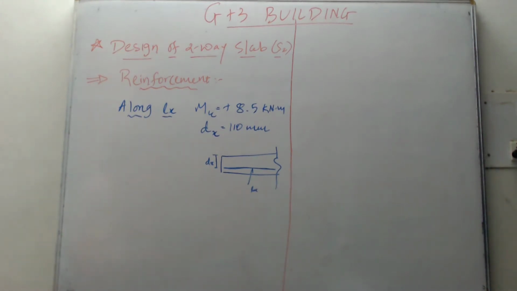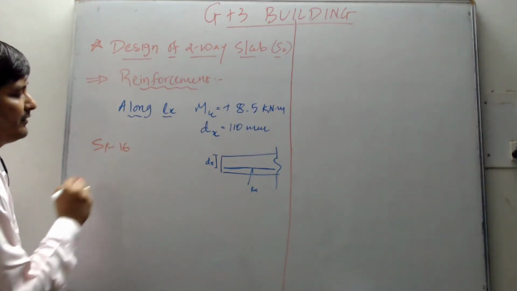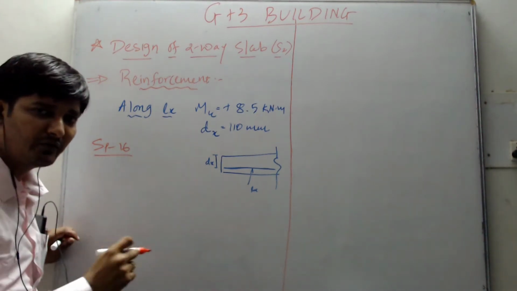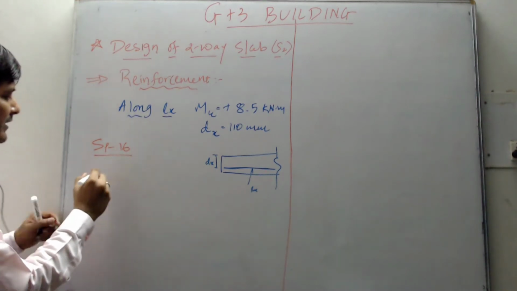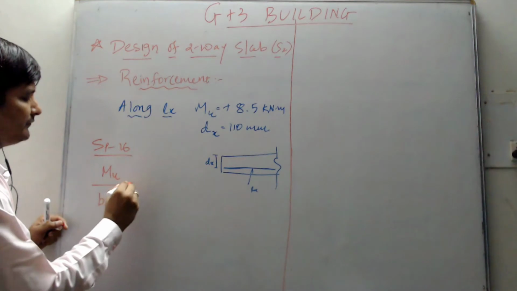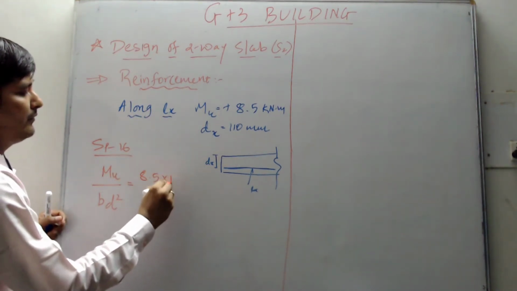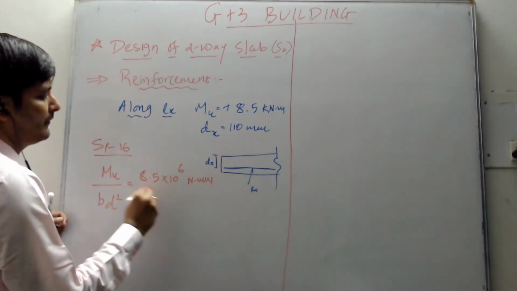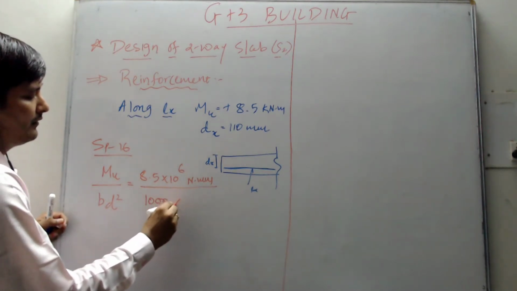And now we are going to use the SP16 method. This I have also explained in my previous videos, so please refer to the previous videos to understand how to use SP16, right? For that, first we need to find out the Mu divided by bd square ratio. We know the value of Mu, that is 8.5 into 10 raised to 6 for unit conversion, that is Newton millimeter, divided by b, we always take 1000 mm, multiplied by d square.